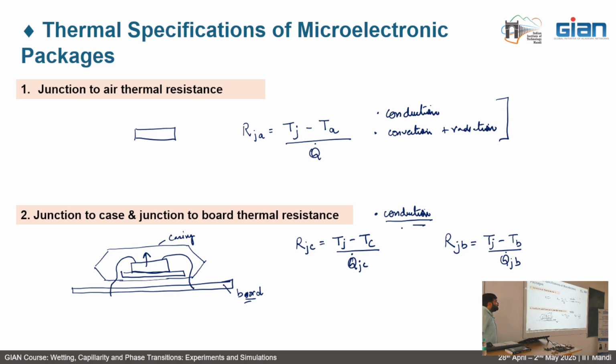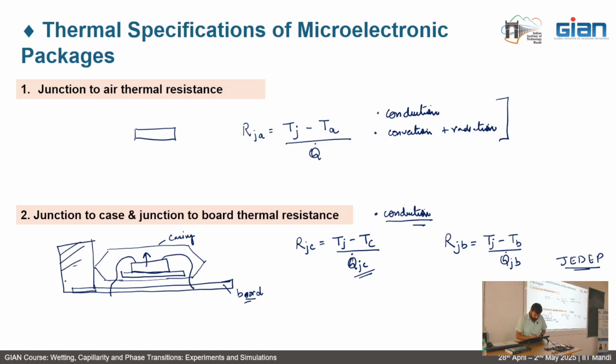But the next question is, how do we measure this? How do we know how much heat is being transferred to this casing or to the board? For that, there is an agency called JEDEC. It has specific standards and guidelines according to which we can standardize all these terms. To measure the heat transfer from junction to casing, in that case of course there is no board, so we install insulating material on all the sides.